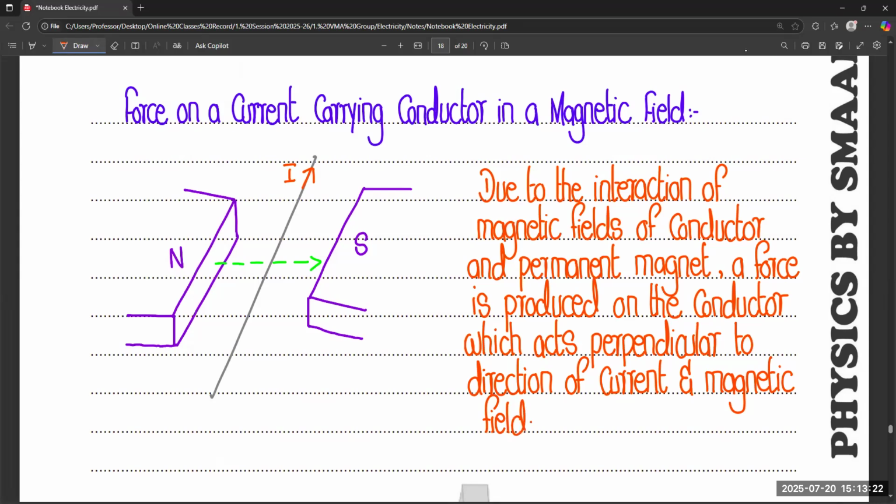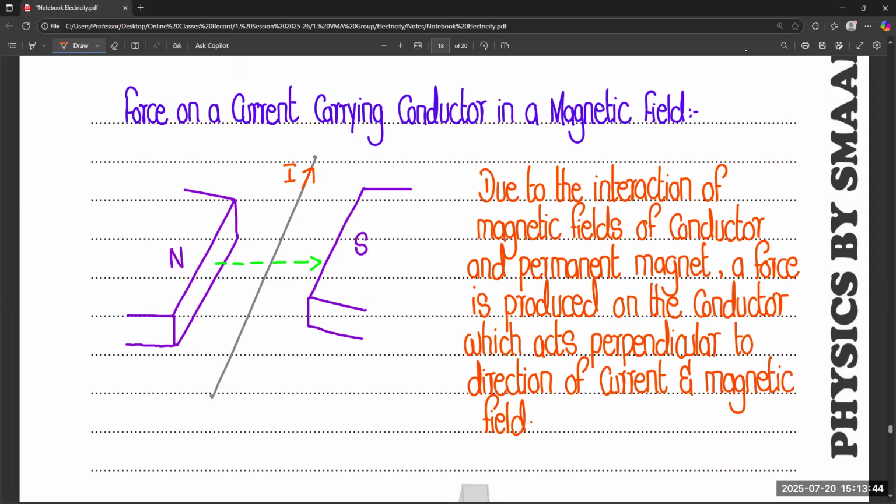and magnetic field. So basically, now we have a 3D orientation, because the magnetic field is on the x-axis from left to right. So magnetic field lines are on the x-axis. And if we consider electric current, electric current is going into the paper.